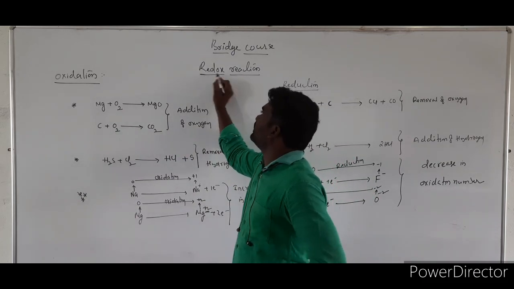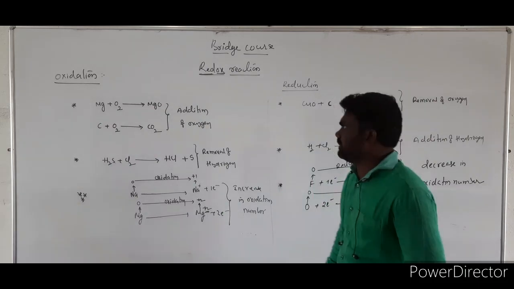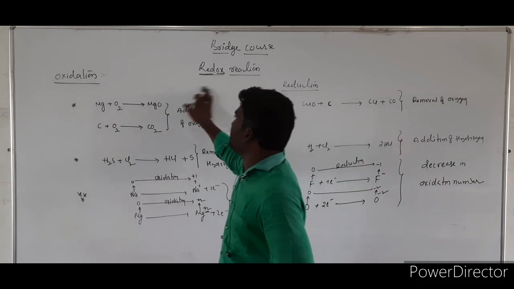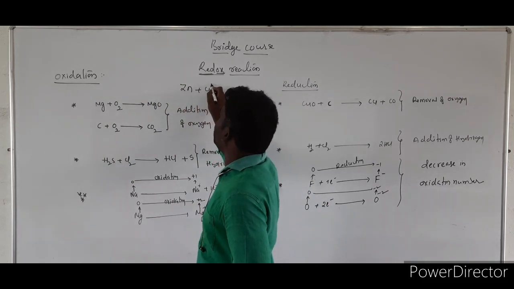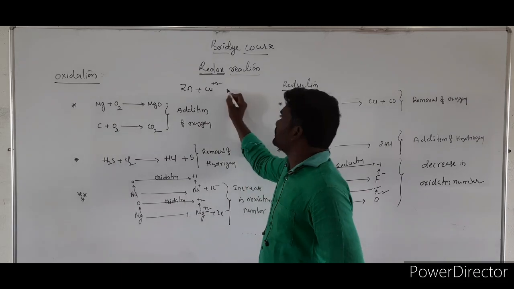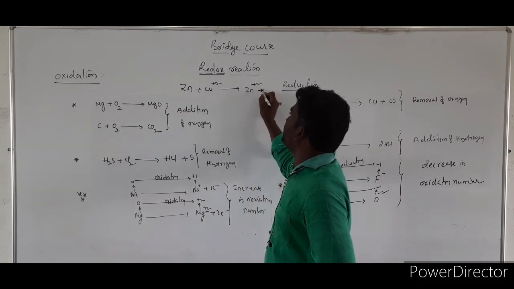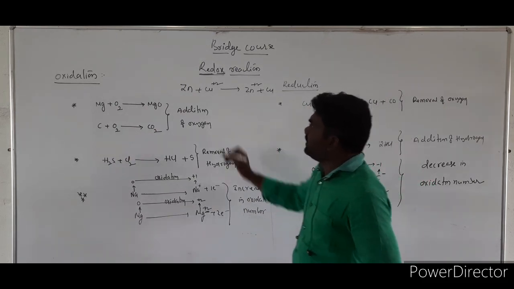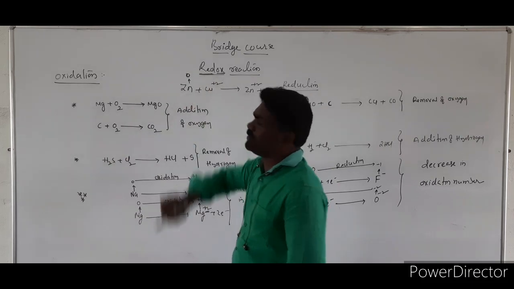In a redox reaction, reduction takes place as usual, and oxidation also takes place. Let us take an example to understand what a redox reaction is. Here I am taking Zn reacting with Cu2+ to give Zn2+ plus Cu. In this equation, Zn in elemental state has oxidation number 0.